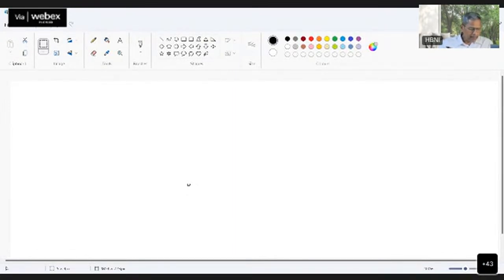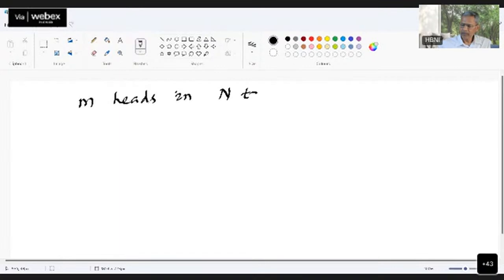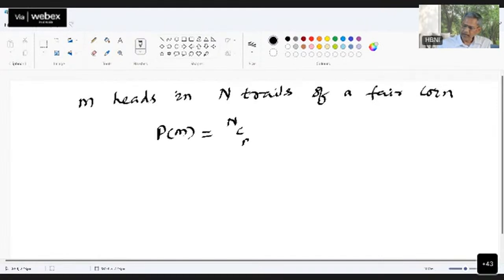If you want to find m heads in n trials of the fair coin, then the probability of finding m heads is given by nCm p to the power m and q to the power n minus m.